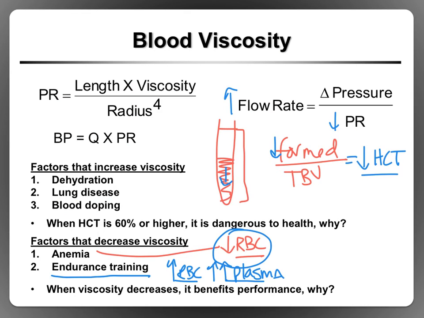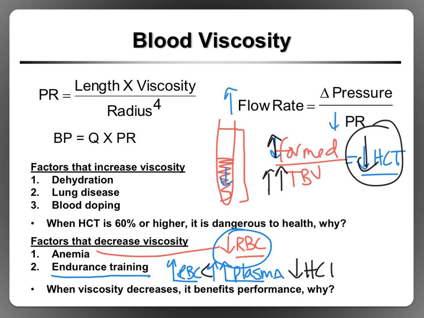Okay, so if red blood cells increase, but total blood volume increases even more because of the plasma, what we're going to see is a decrease in hematocrit. Okay, so increase in plasma, increase in red blood cells, but the increase in plasma is greater than the increase in red blood cells. So the overall effect of endurance training would be a reduction in hematocrit.